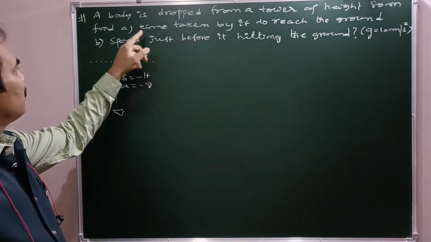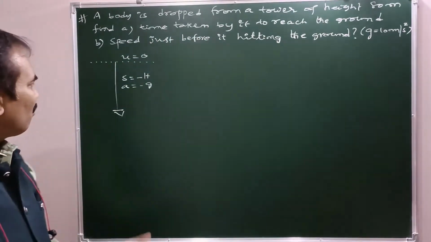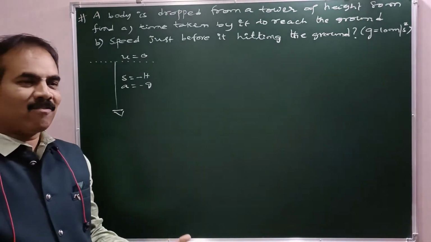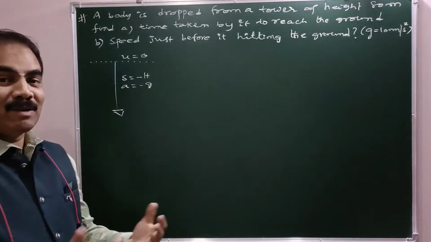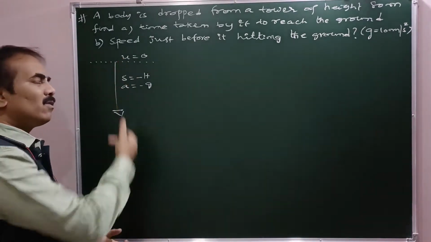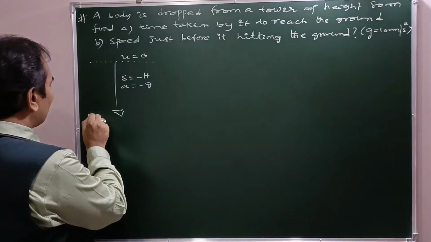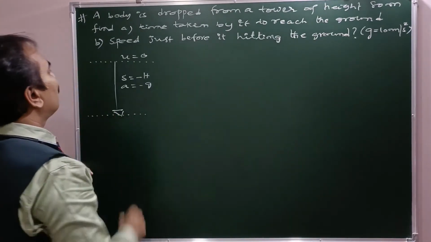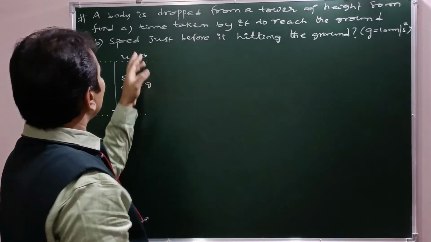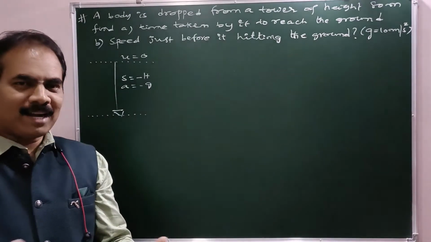Now the question is the time taken by it to reach the ground, means time of descent, or in this case especially time of flight also. That is the time in which body remains in air. So in this case it is equal to time of descent also, right? Now see, this is the ground. Now time taken to reach ground means we need to find time.